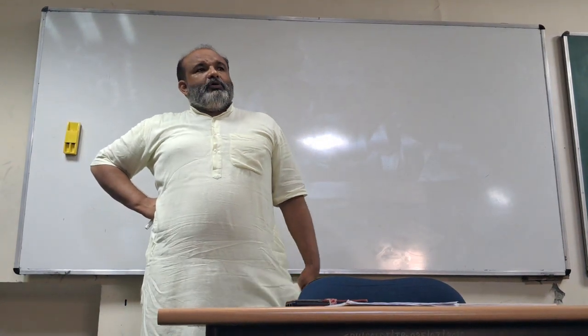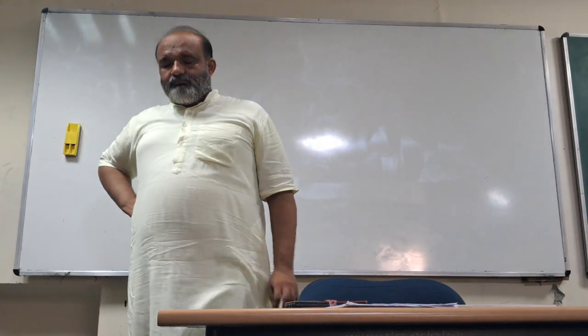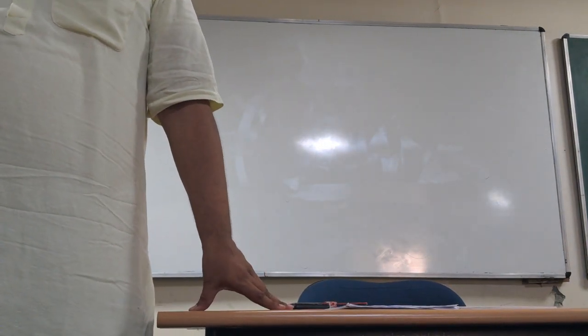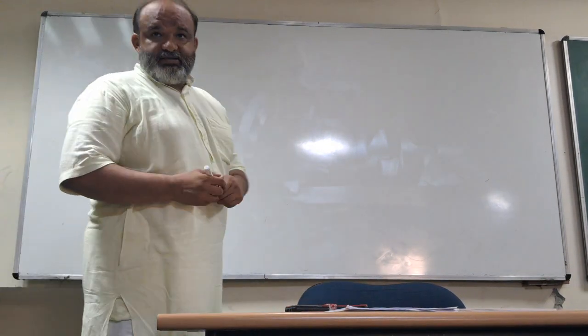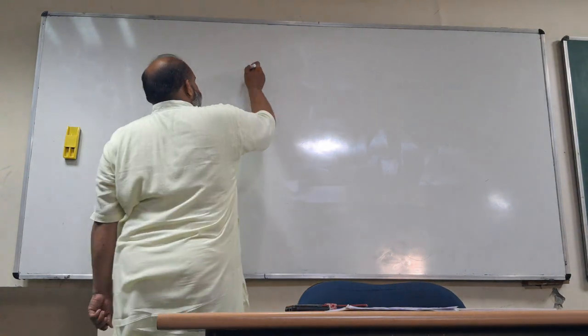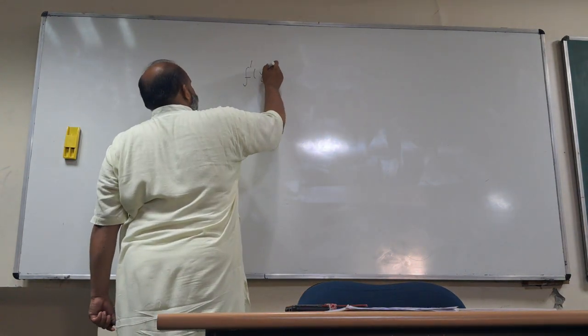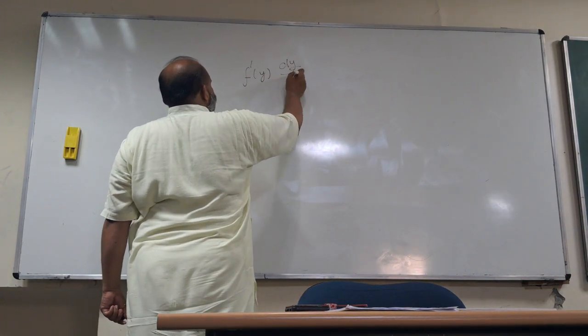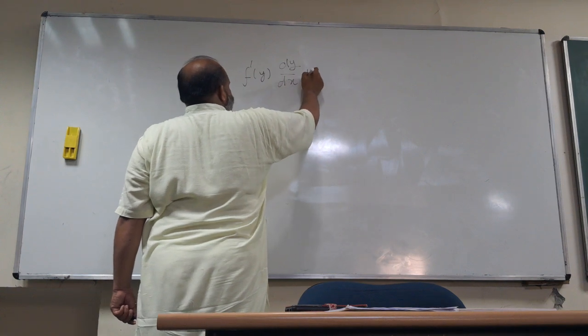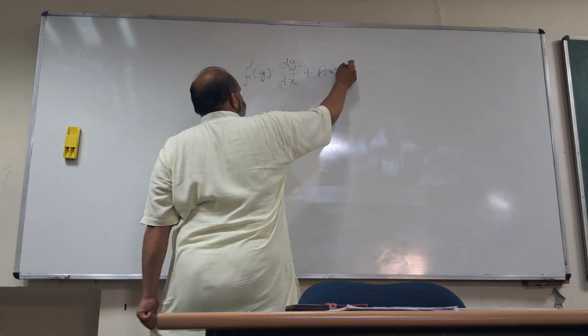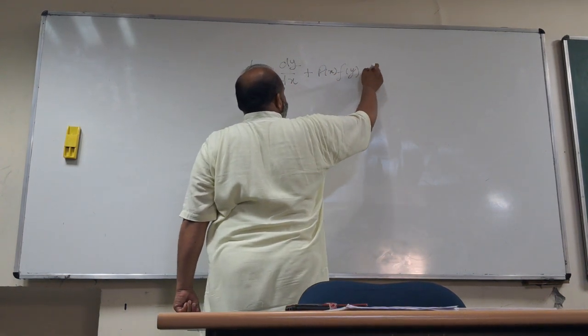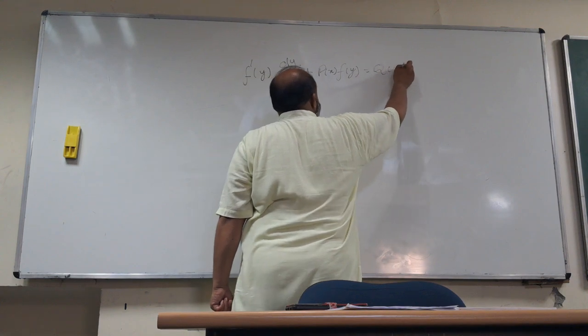So, in the last class, we did the Bernoulli equation, how to find a solution for it. There is another kind of Bernoulli equation in a form like this: f dash y dy upon dx plus b x f y is equal to q x.